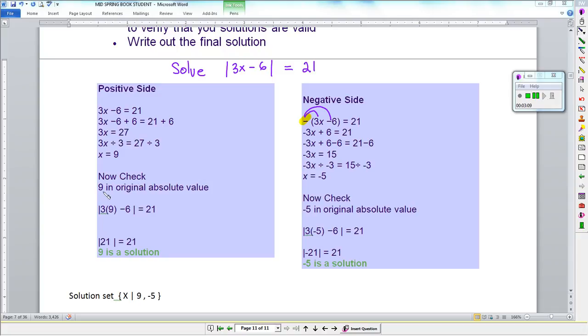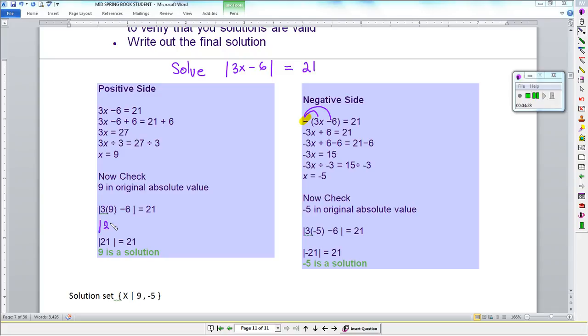We have x equals 9. So we substitute 9 for x into the original absolute value equation. So we have the absolute value of 3 times 9 minus 6 equals 21. Now we check the left-hand side. We apply the order of operations, PEMDAS, so we have to multiply first before we subtract. 3 times 9 equals 27.